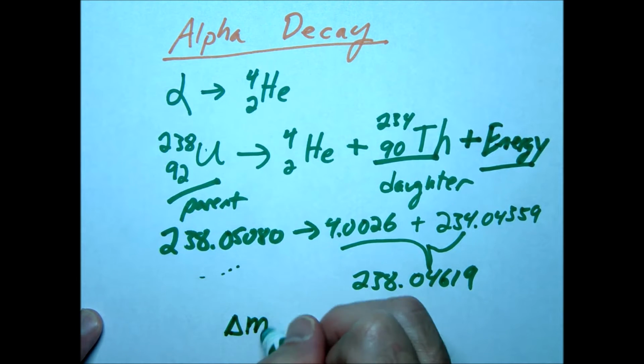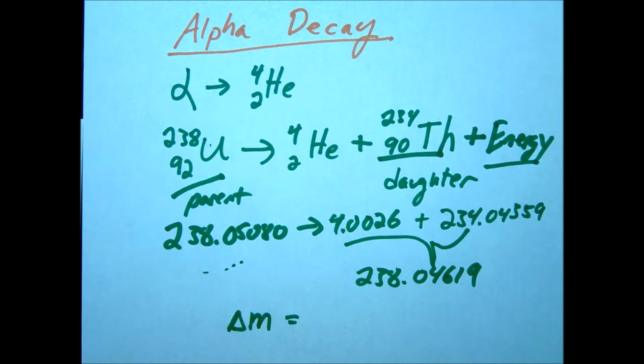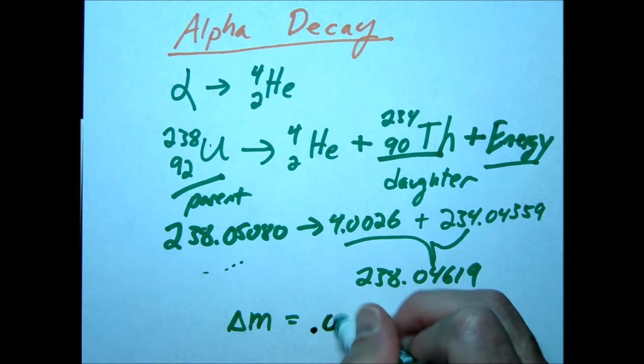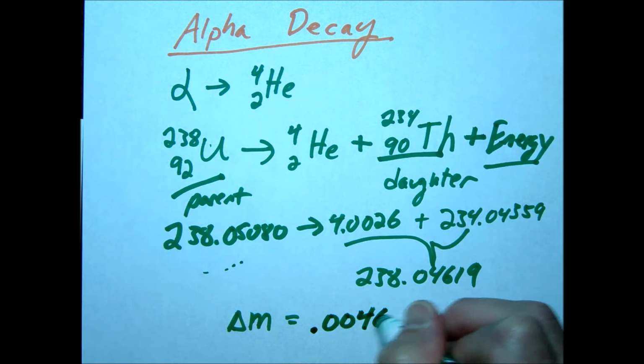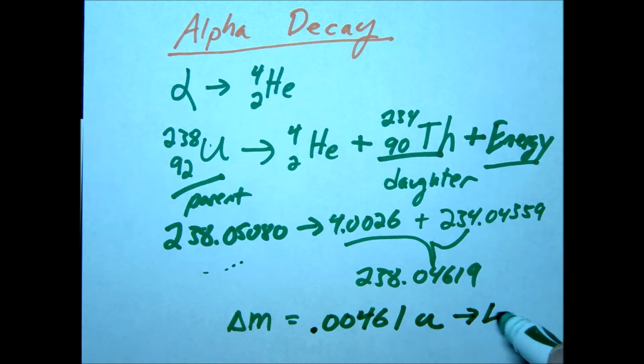So again, we call this the mass defect, and you go ahead and subtract those two from each other. The difference in masses, when we subtract these two, we're going to get 0.00461. And again, these are in atomic mass units. So this is now going to turn into energy. How much energy? Well, we can use our E equals mc squared.